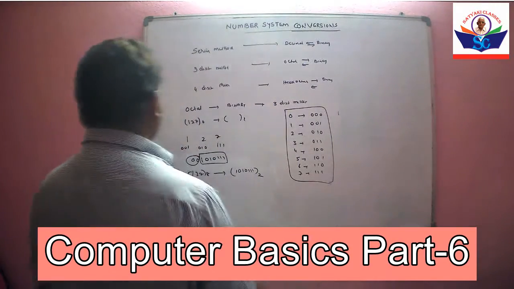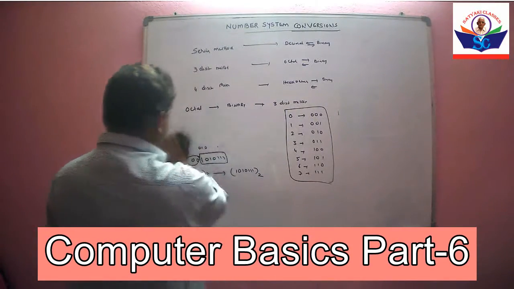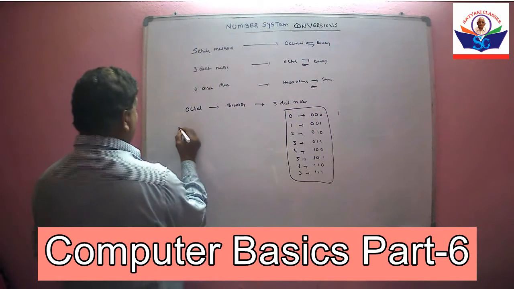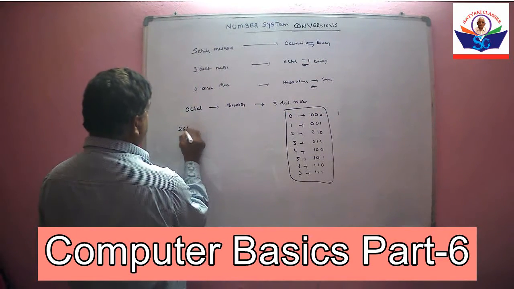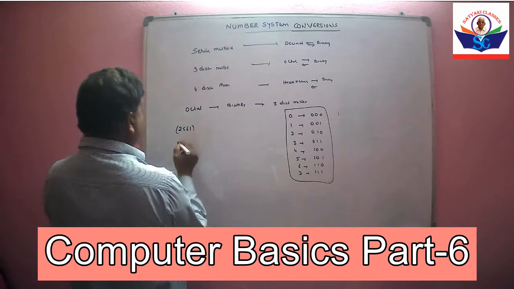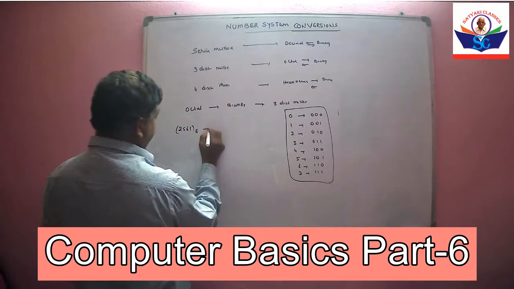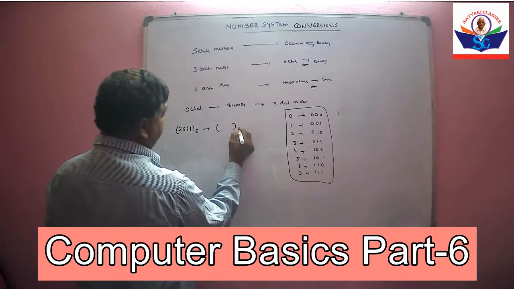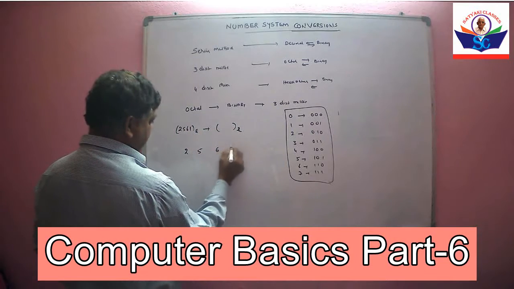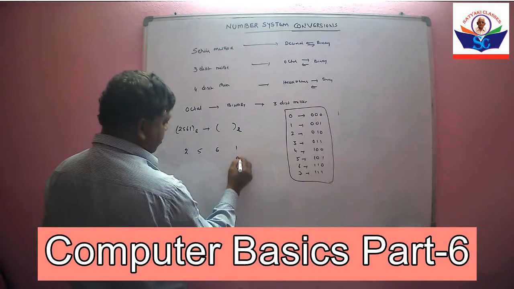Okay, we will take another example. 2561 in octal number system is equivalent to which number in binary? For 1 it is 001.